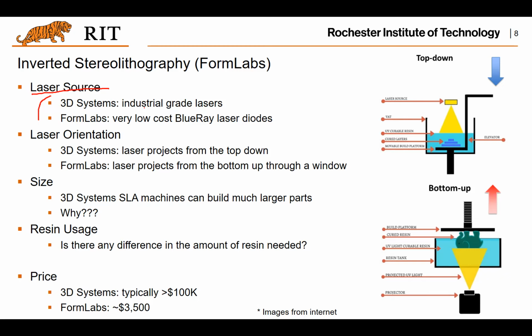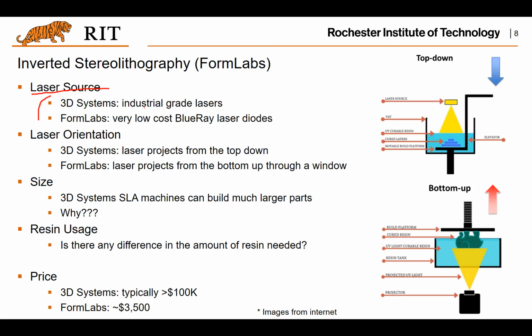And the laser orientations are different, right? For the 3D Systems one, it's projected from the top-down direction. And Formlabs ones project from the bottom through a window. And in terms of size, the 3D Systems ones can build much larger parts.